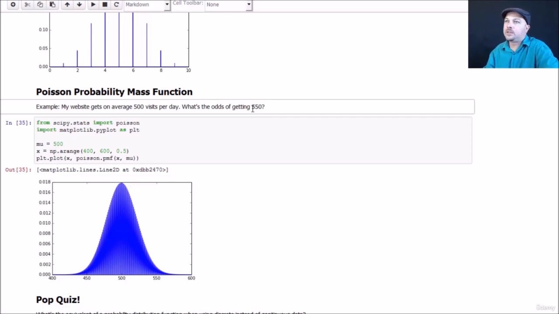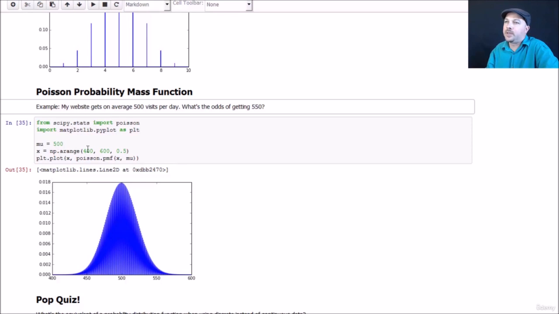As an example, let's say I have a website, and on average I get 500 visitors per day. I can use the Poisson probability mass function to estimate the probability of seeing some other value on a specific day. What are the odds of seeing 550 visitors on a given day? That's what a Poisson probability mass function can give you.